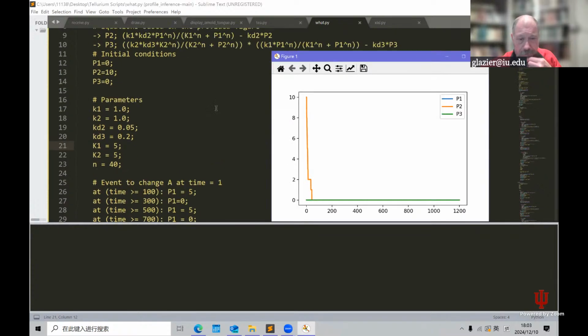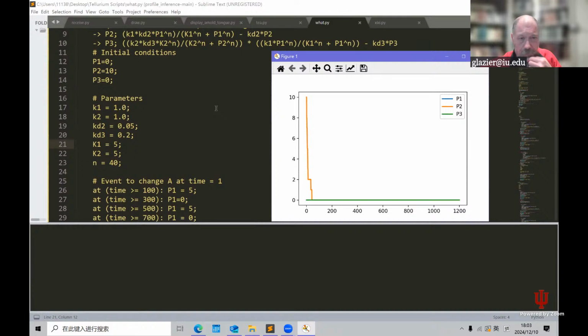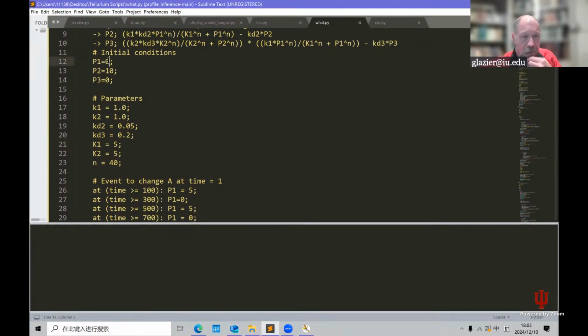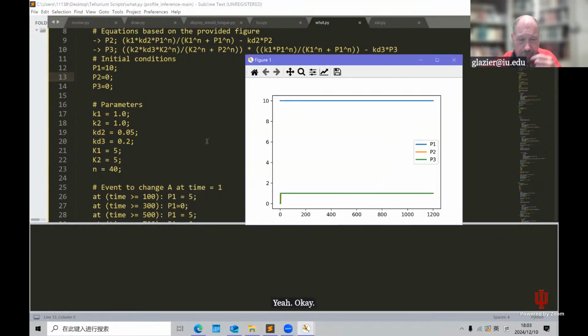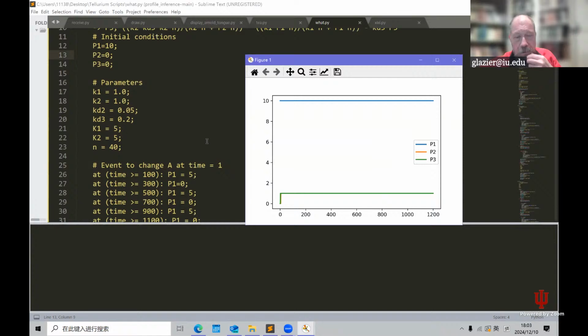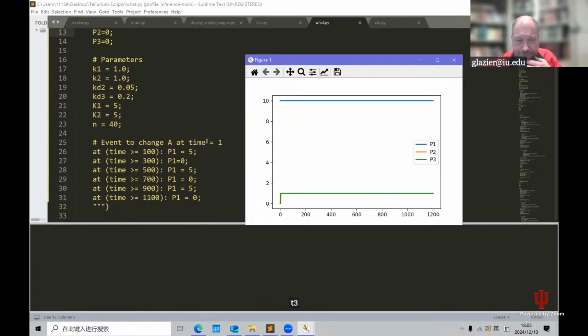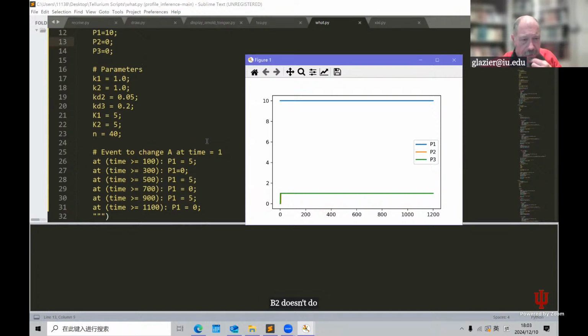Let's see what's happening here. Okay, so P1 turns on, P3 turns on partly, P2 doesn't do anything. That's odd.